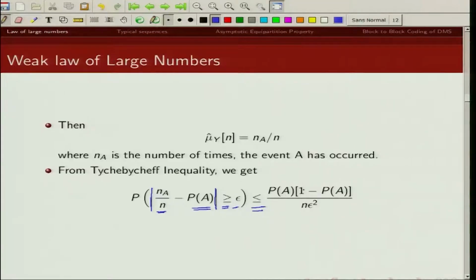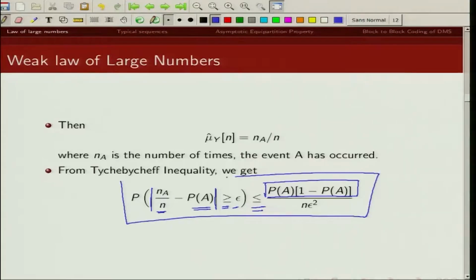This is basically sigma y square by n. Sigma y square is given by this quantity. So this whole thing is then upper bounded by the probability of A multiplied by 1 minus the probability of A.